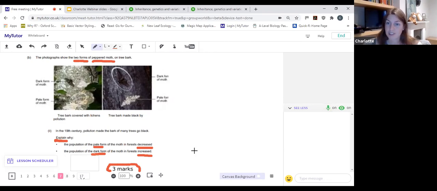So answering this in the chat might take a bit more time because you've got to write a little bit more. But you're welcome to put some ideas in there if you want, and then I will pop the answers up in a second. So what I've done for this one, I've pulled up on the next slide an example of the mark scheme so that you can get a good look at what a mark scheme looks like.